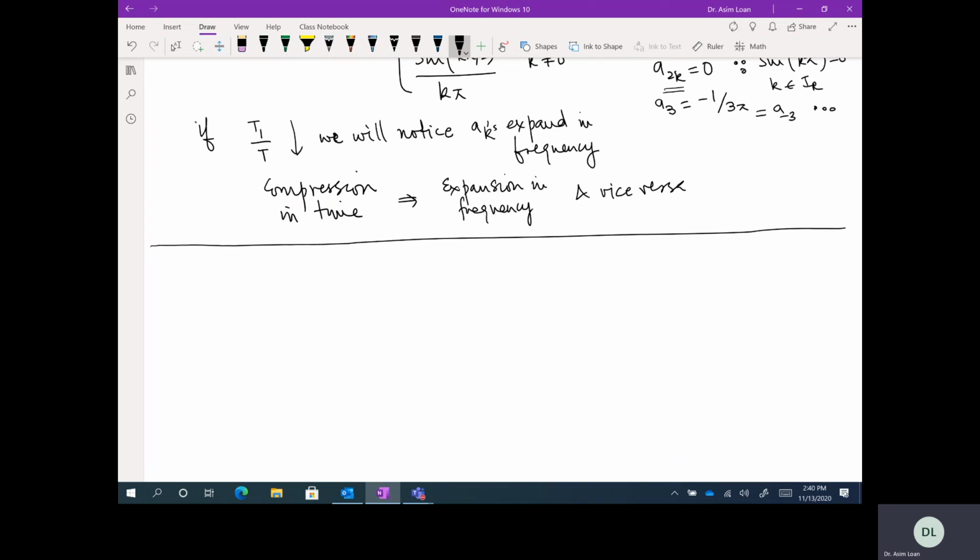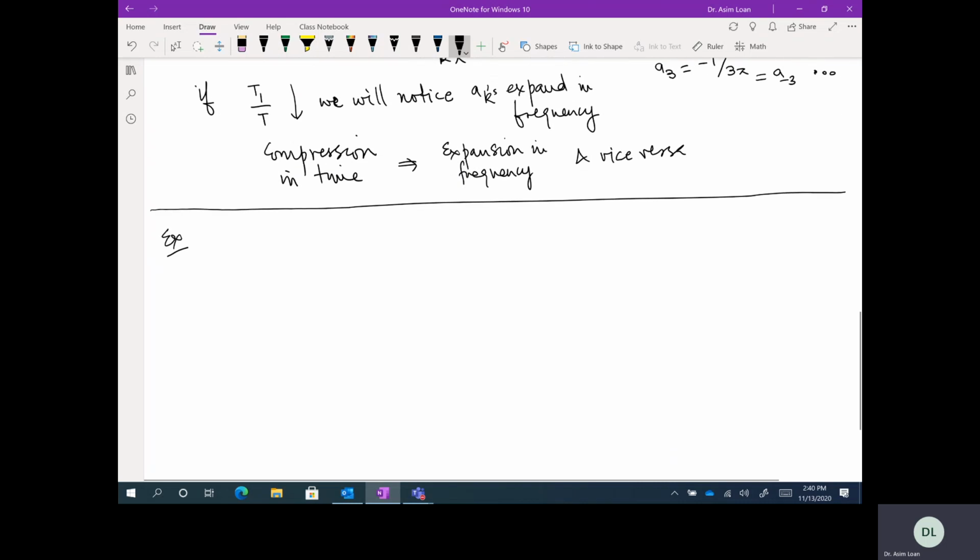Okay. Let's look at another example with the same waveform, and now we are not going to use the analysis equation, but we are going to use the properties to find the coefficients.